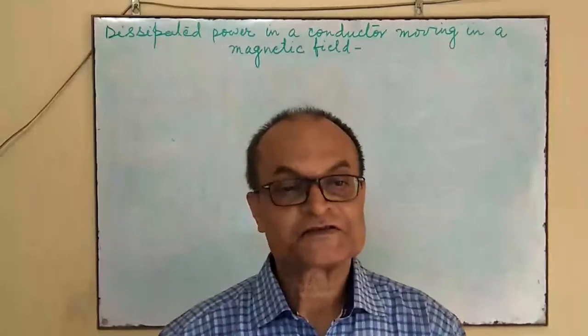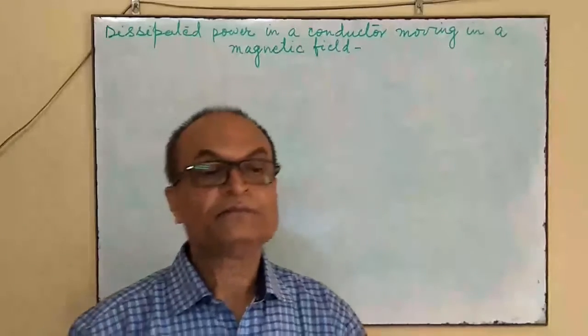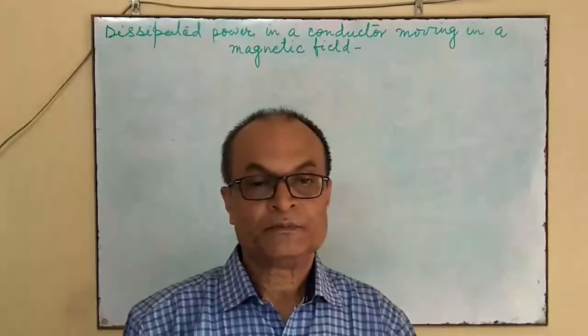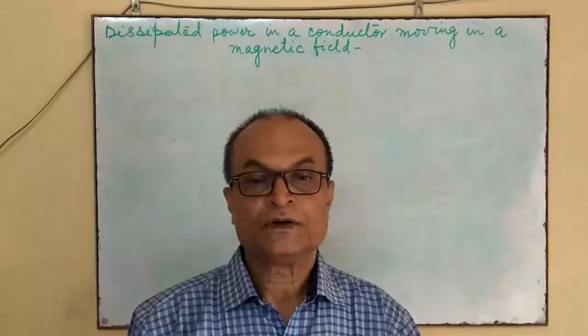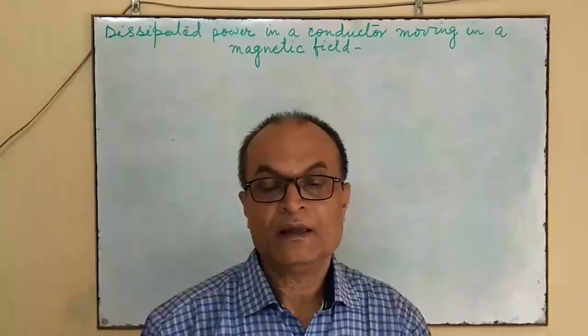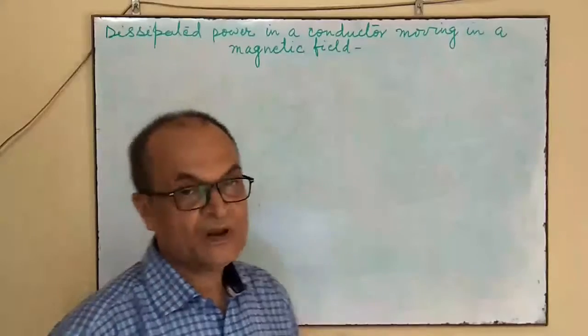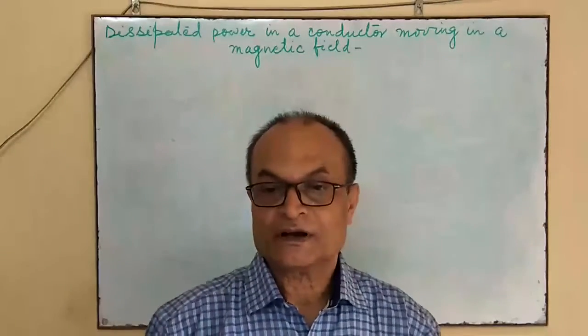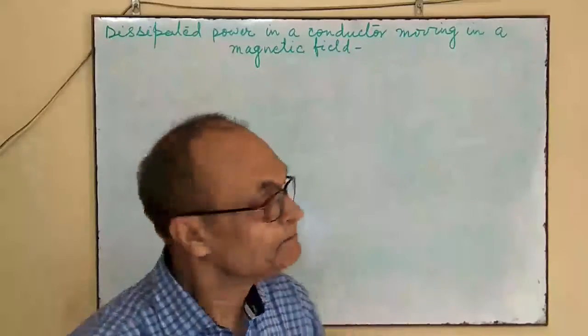Now in this class we will learn about the dissipated power in a conductor moving in a magnetic field. So let us consider a rectangular conductor ABCD.